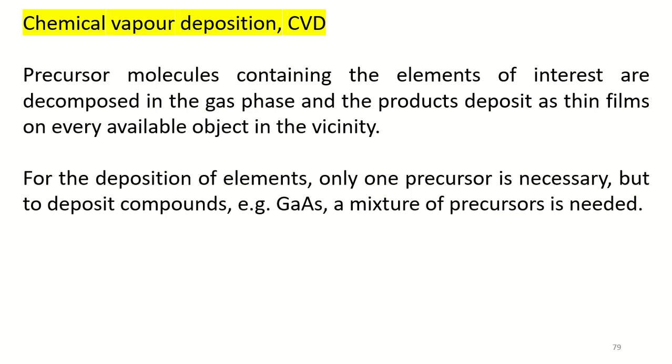Conceptually, it is simple: precursor molecules containing the elements of interest are deposited in the gas phase and the products deposited as thin films on every available object in the premises.